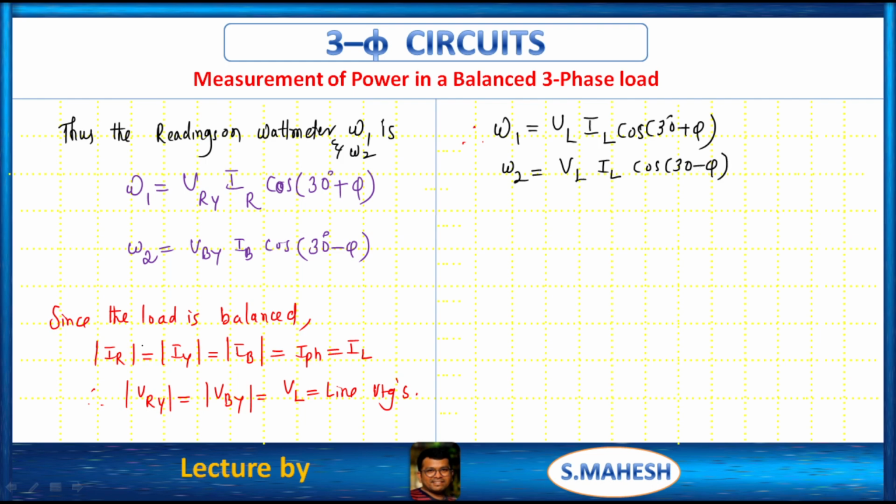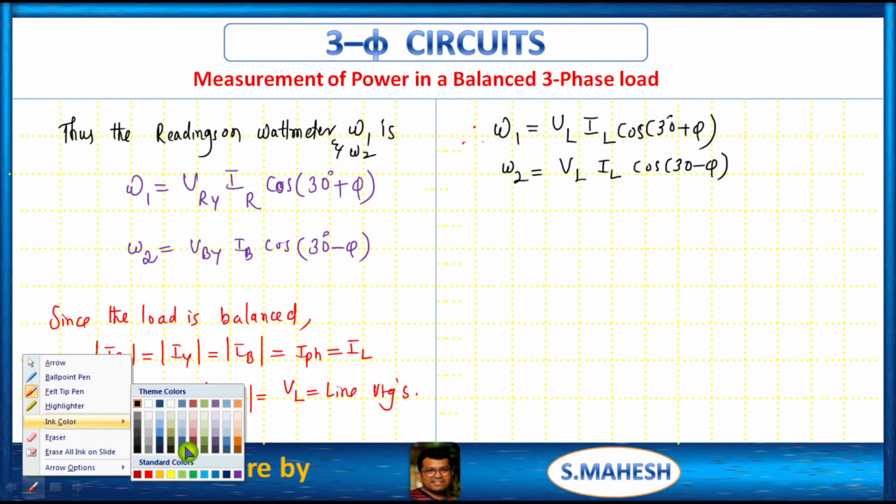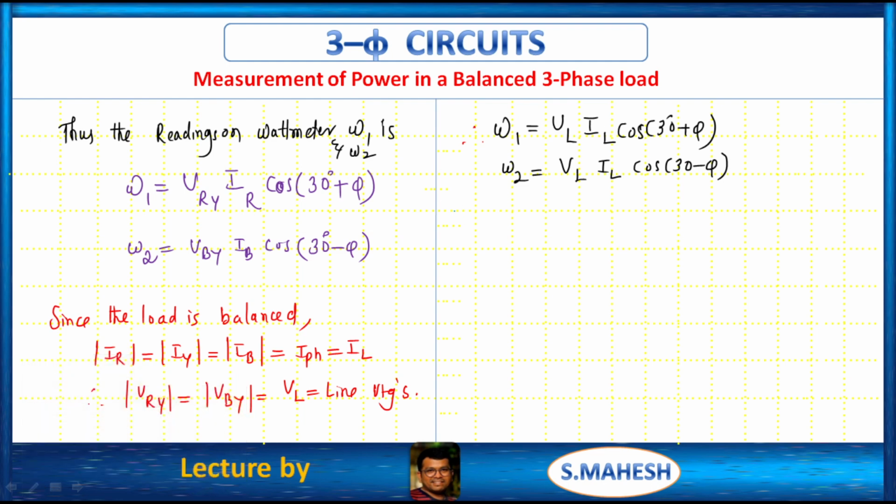Clear? Then how to get the real power? The real power P is given by, simple, we have to add those two powers, that's it.